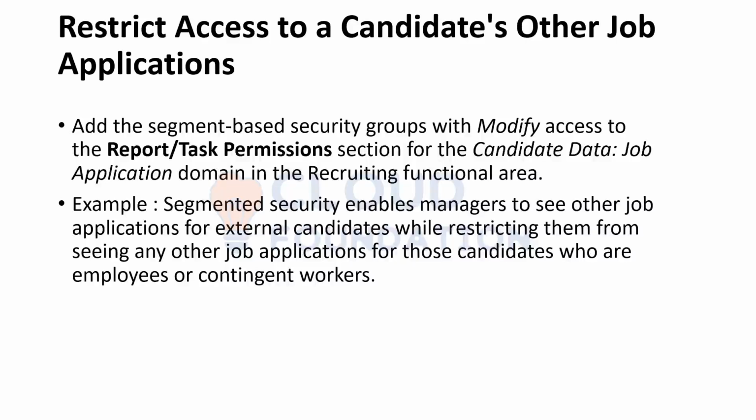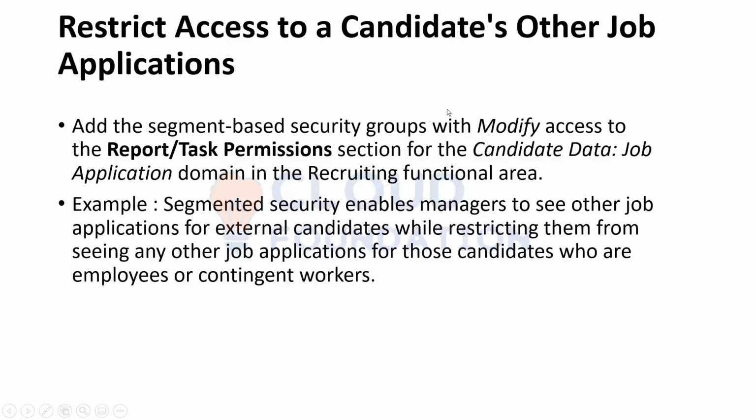So in order to execute that feature, how do we do it? We open the candidate data job application domain first. Okay, we go to the policy, to the domain policy of this domain, and then we add our segment-based security groups.